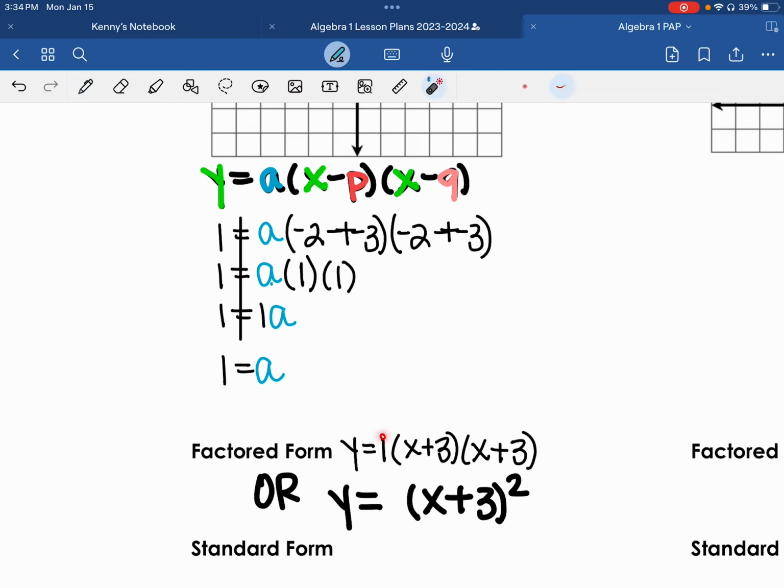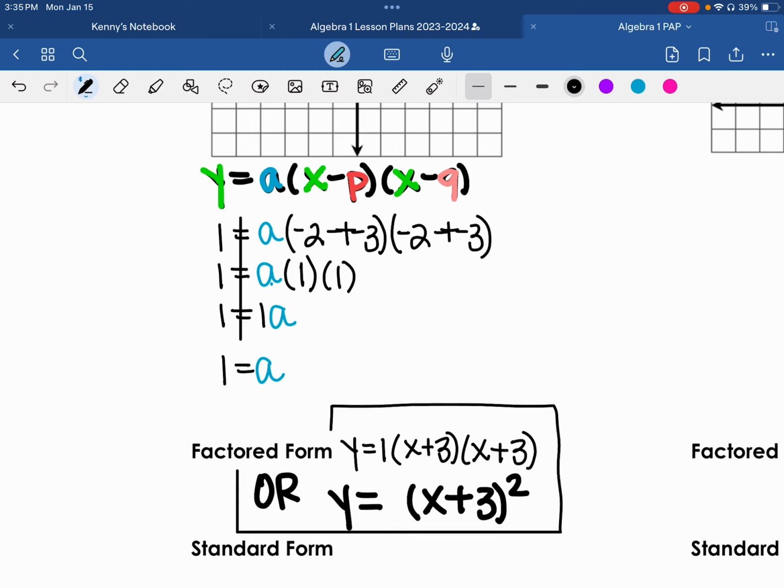I can write them once and put a square because they are the same. Remember, we're multiplying them together, right? Just like x times x is x squared, (x plus 3) times (x plus 3) is (x plus 3) squared. So either one of these is correct, and you can use either one of them for your factored form. Just go ahead and box in the answer.